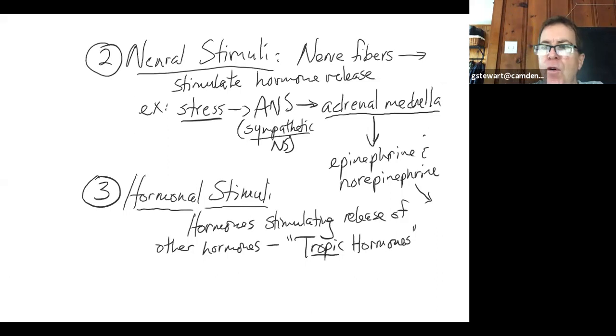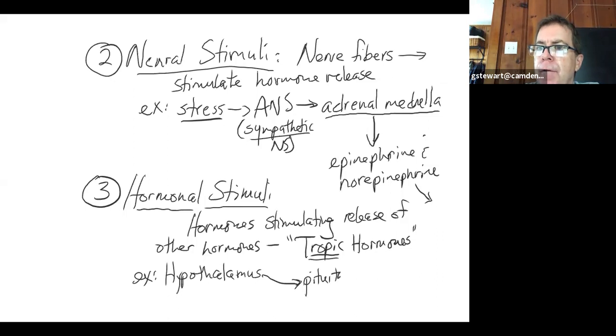We're going to go through this whole system. The classic example is hormones from the hypothalamus. The hypothalamus might secrete releasing hormones that act on the pituitary gland.